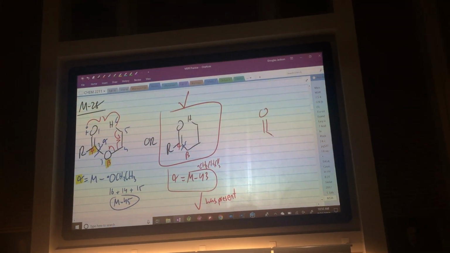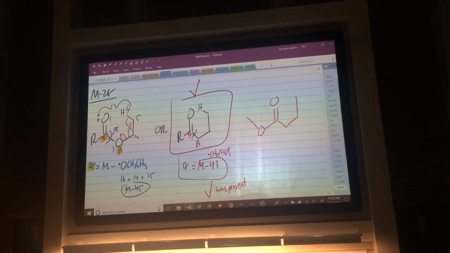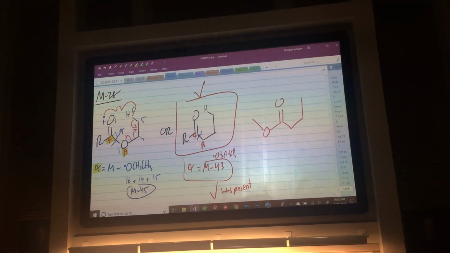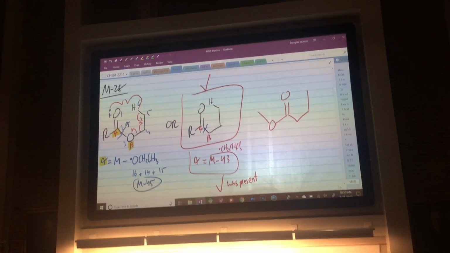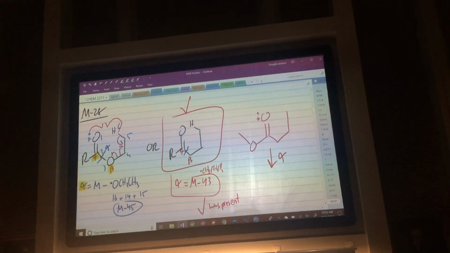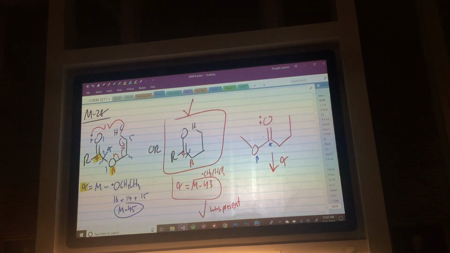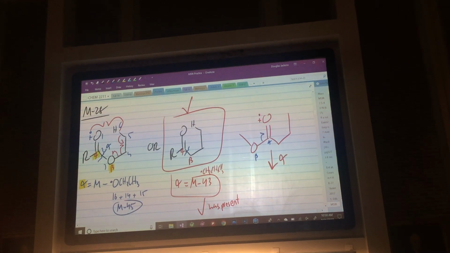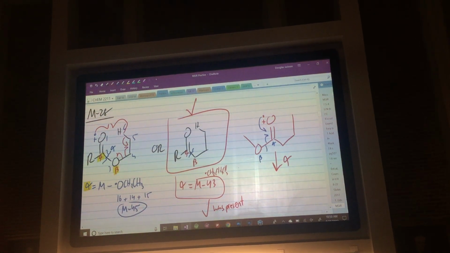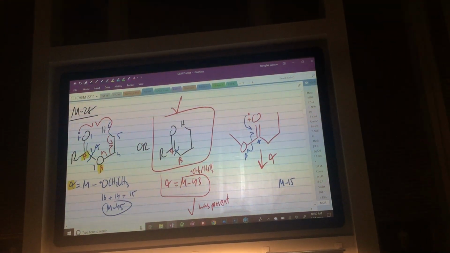So then what's left? An alpha cleavage here. There's alpha, beta. The alpha beta bond breaks to give us M minus 31.